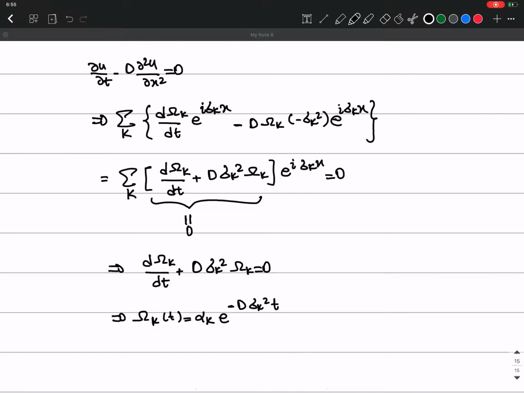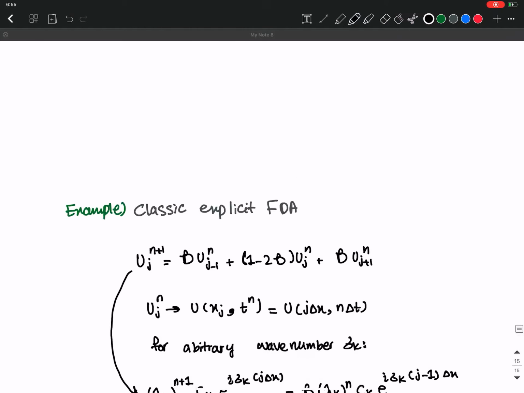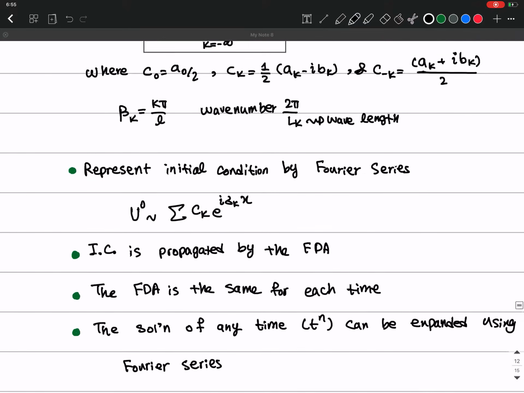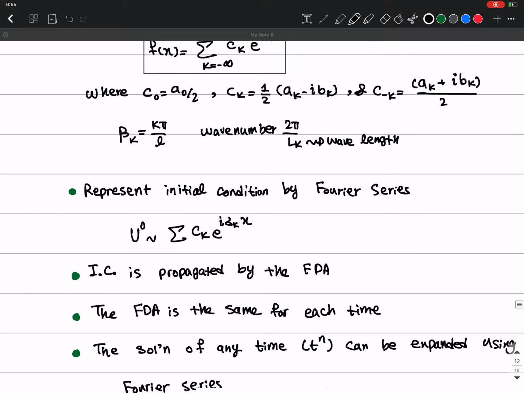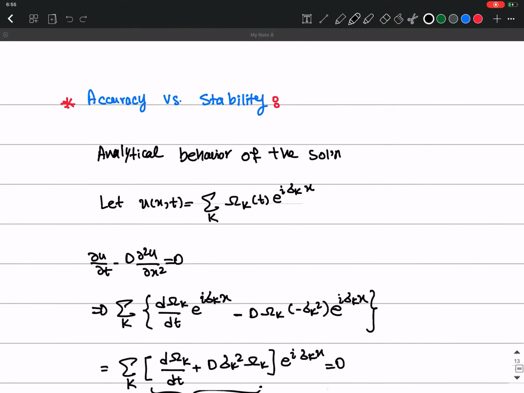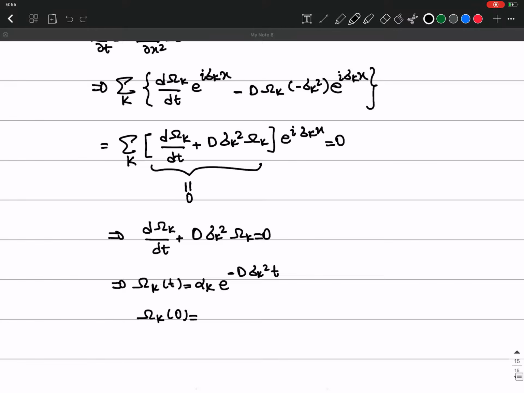By simple integration, you can solve it. And we know omega_k at time 0, which is the initial condition, is what? If you look at here, based on the definitions that we had, we represented it as c_k, right? At the initial condition. So the same thing here, I'm going to use for initial time. So it should be c_k.